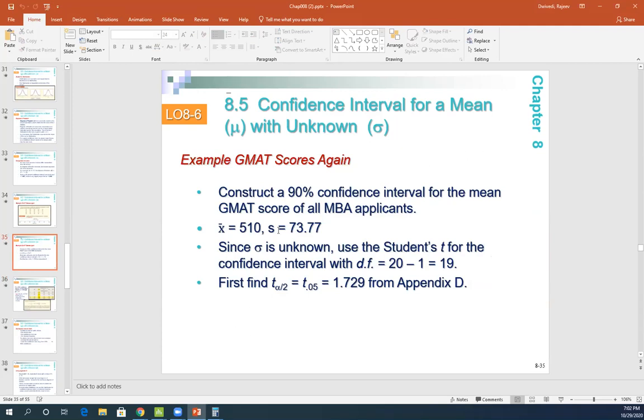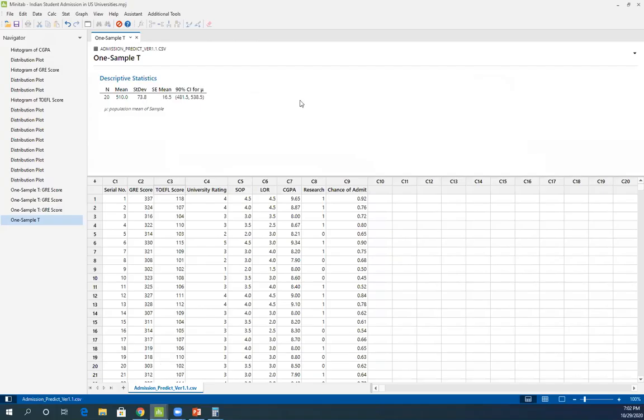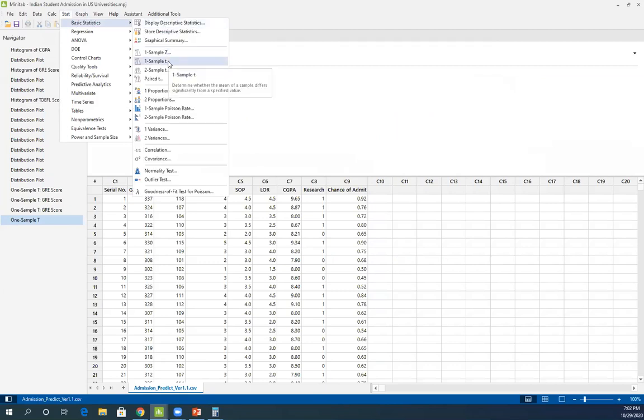Here we have the sample standard deviation, so which test are we going to use? The one sample t-test. When sigma, the population standard deviation, is given, we use the z-test. When the population standard deviation is not given, we use the t-test.